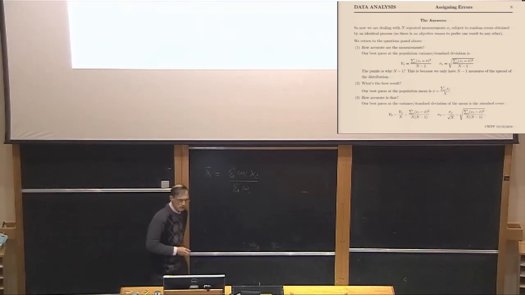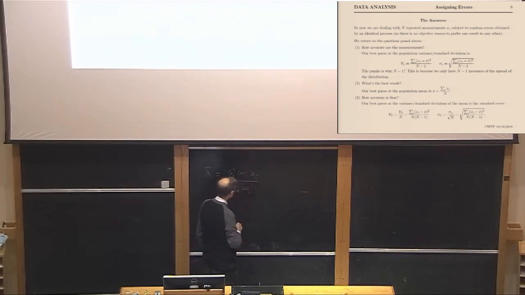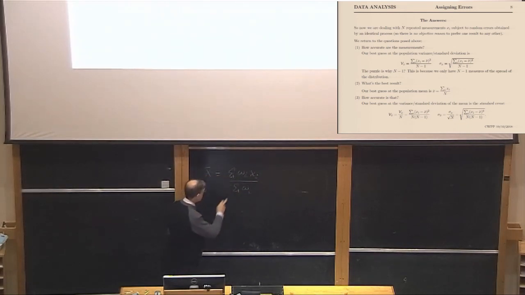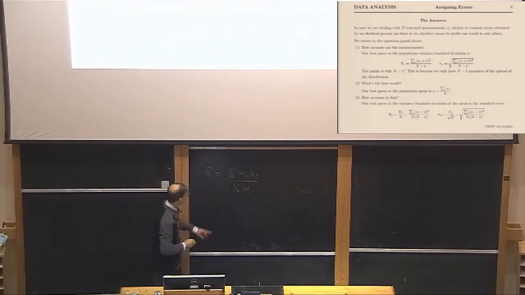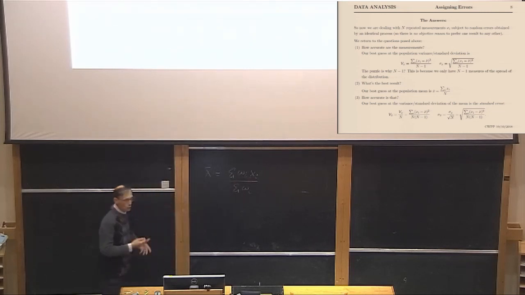If we like some measurements better than others, for some reason, something which I've just said we're not allowed to do, we give them high weight in this sum, and other measurements we give low weight. If the weights are all equal, then this reduces to the form that we've just got up there. If all the weights are 1, then sigma wi is just n, and this becomes sigma xi over n for the ordinary mean. So the ordinary mean is called an arithmetic mean. This is called a weighted mean.